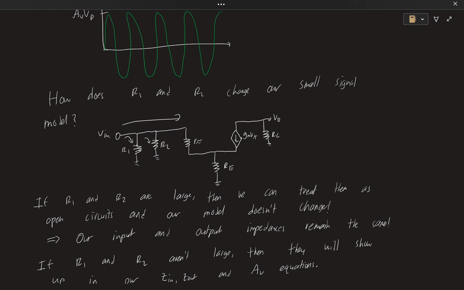Let's now try lowering R1 and R2 so that they show up and start to mess with our gain and output impedance. And eventually you'll find a ratio between R1 and R2 and RE that allow you to have the right gain and the right output impedance. And typically this is just like an iterative process. There's no need to derive exact equations. Just keep messing with these values, and eventually you'll get it.